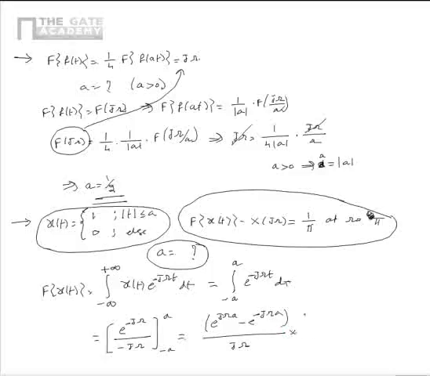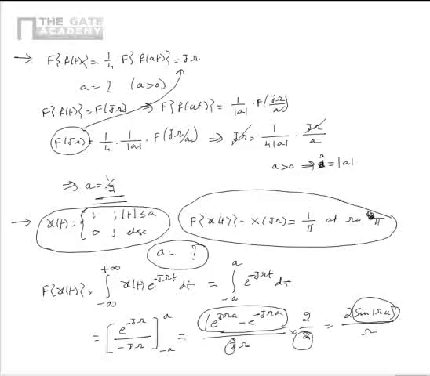Upon multiplying and dividing by 2, this can be written as 2 sine of omega a divided by omega. This is because sine omega a is equal to e power j omega a minus e power minus j omega a divided by 2j.